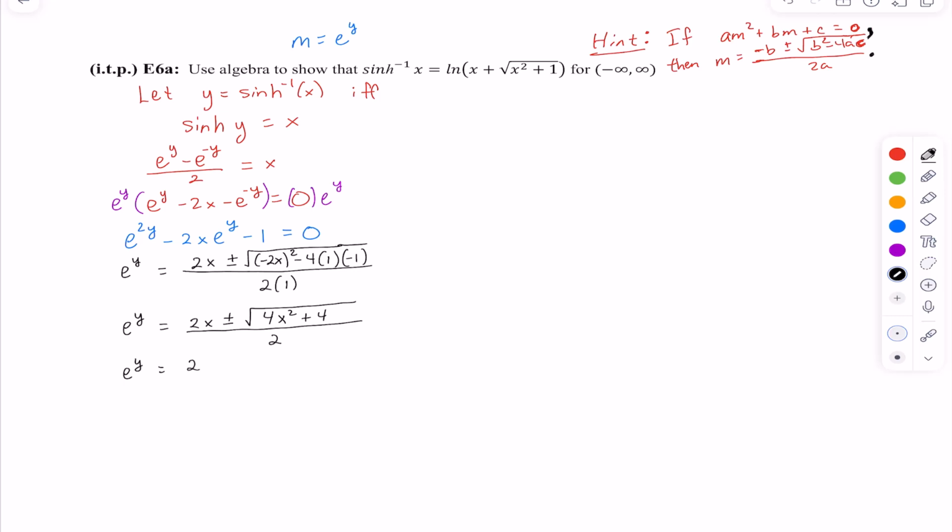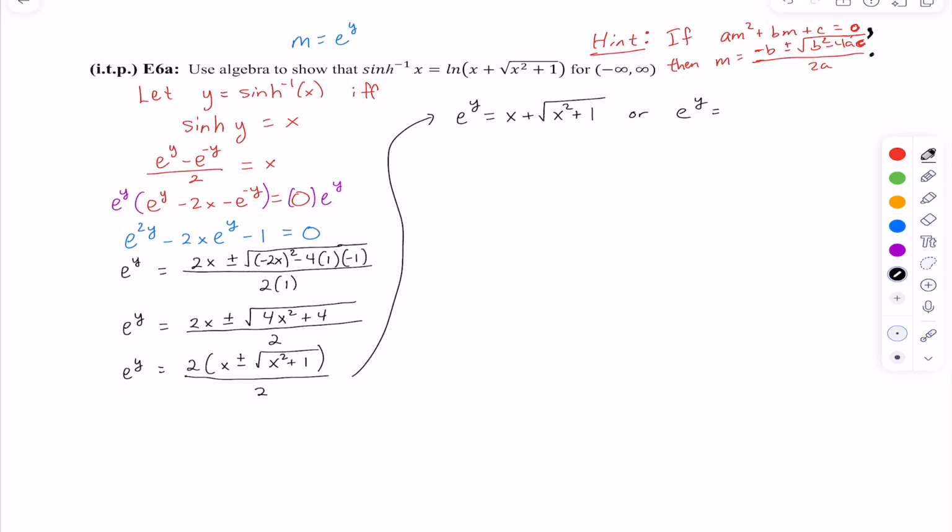What we're going to do now is factor, and so we're left with two cases. Either e to the y is equal to this positive valued function, or e to the y is equal to x subtract this radical here.